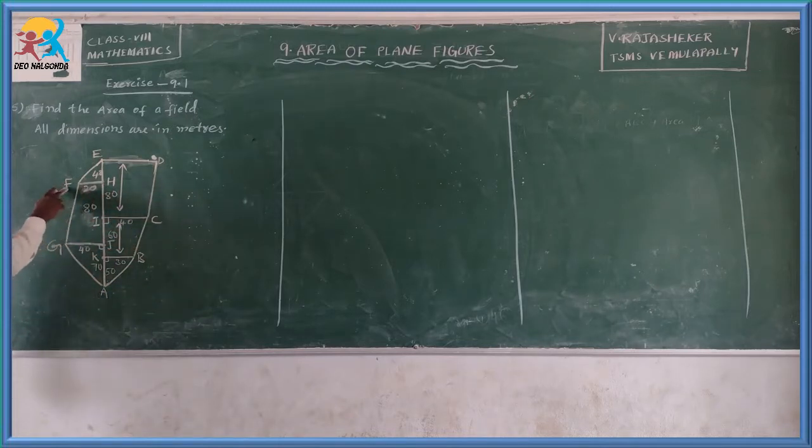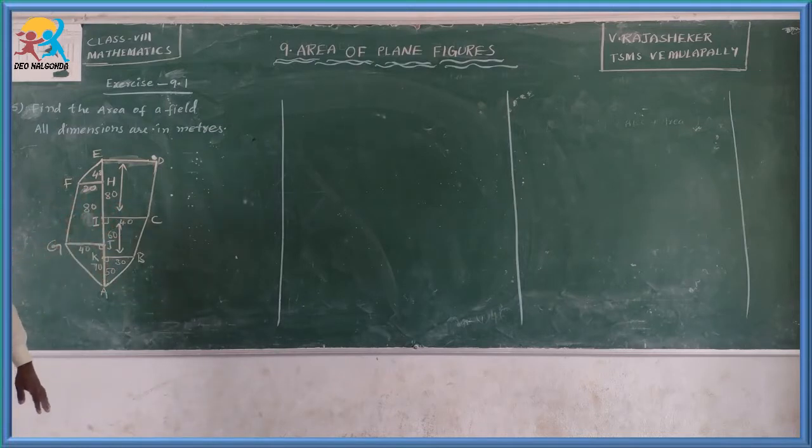Like that, HF also is a perpendicular line and GJ also a perpendicular line. Now see, children, this whole figure is divided into three triangles, 1, 2, 3, and three trapeziums.